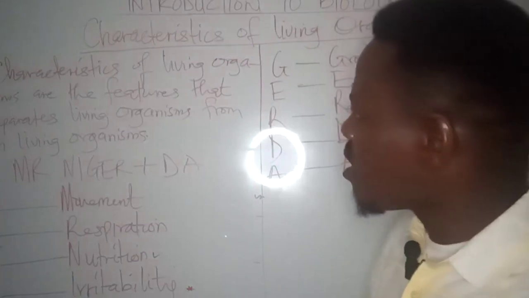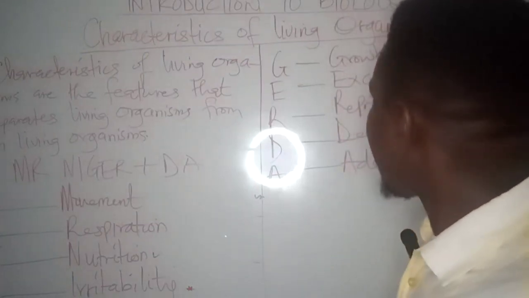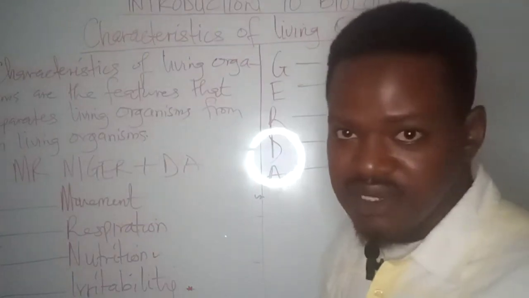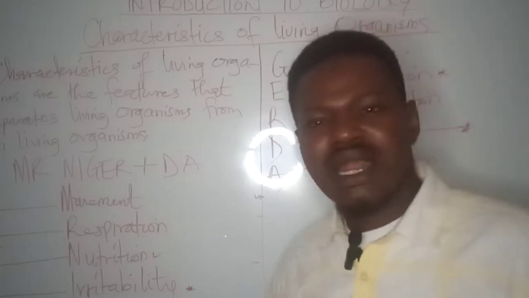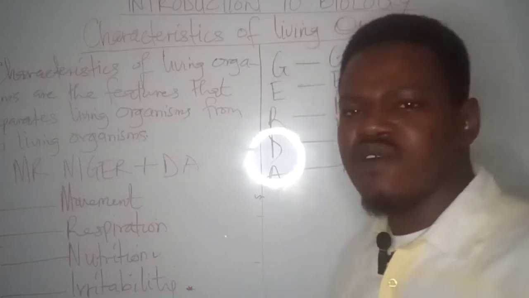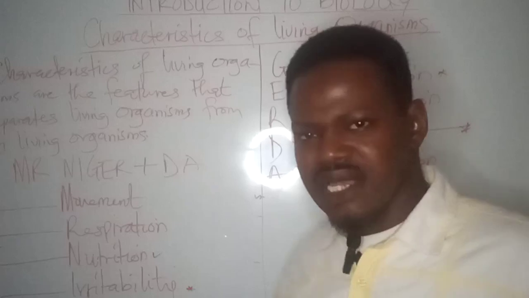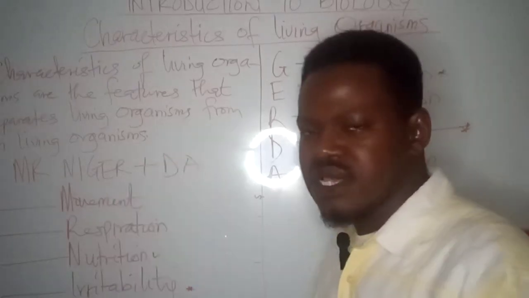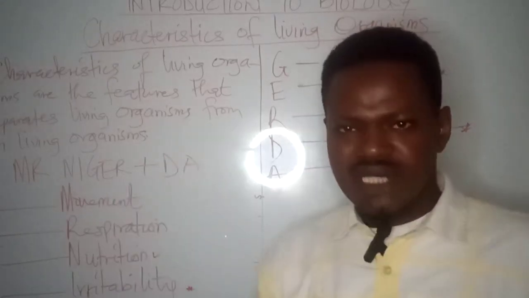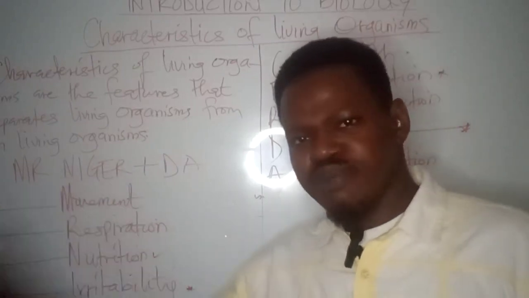So today, so far, we've been able to look at the characteristics of living organisms. And we see that the characteristics of living organisms are the features of living things that set them aside from non-living things. The features that living things possess that non-living things do not possess.